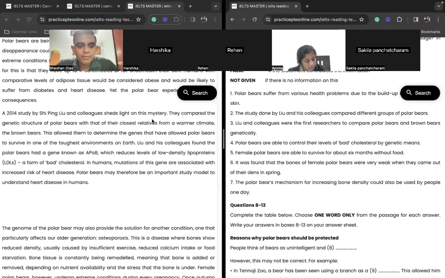They have compared the polar bear with the brown bear. So they have compared two different types of bears, but not different types of polar bears. That is why the answer is false. The information given here and the information given here is different. Good. All right, try to find the answer now for question number 3.